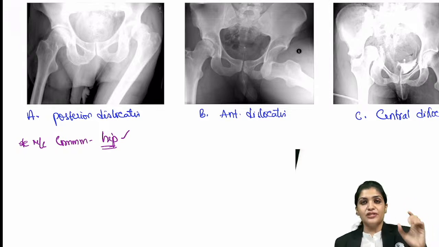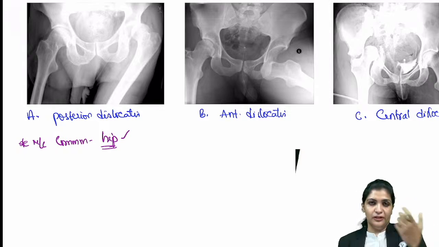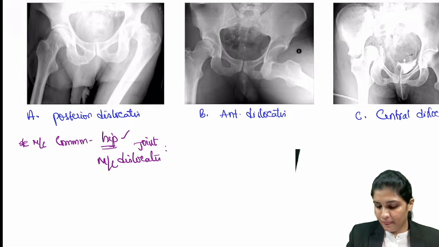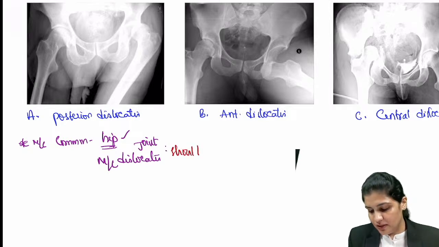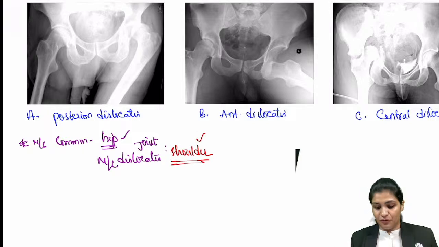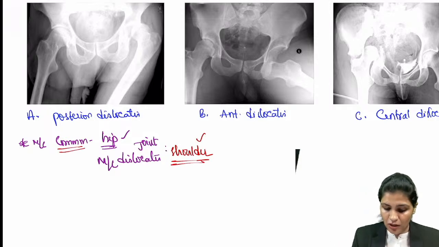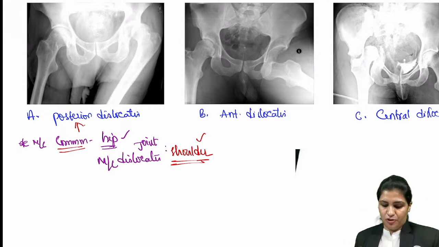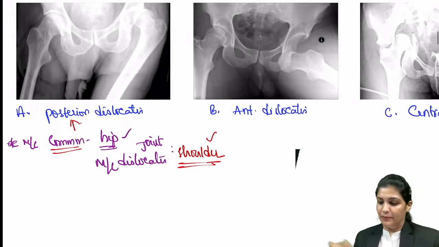To that point, what is the most common dislocation of all the joints? Yes, it is your shoulder joint. But in case of hip, the most common is your posterior dislocation. So posterior dislocation is the most common type among all the 3.